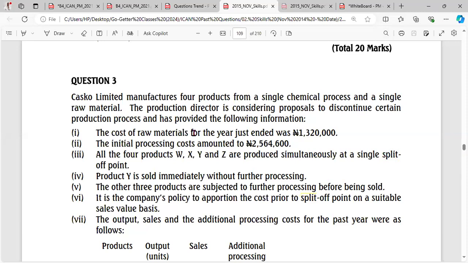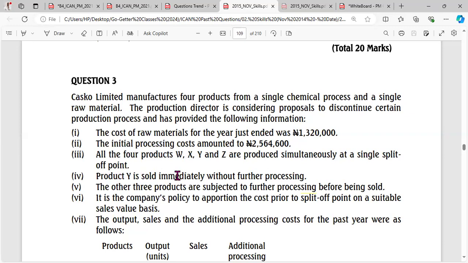The cost of raw material for the year just ended is 1,320,000. The initial processing cost amounted to 2,564,600. All the 4 products W, X, Y, and Z are produced simultaneously at a single split-off point.